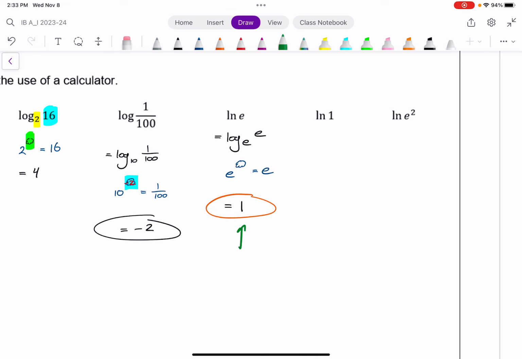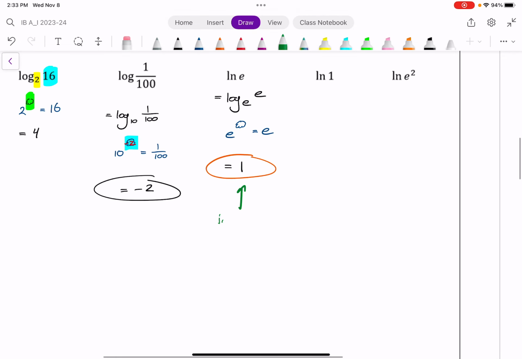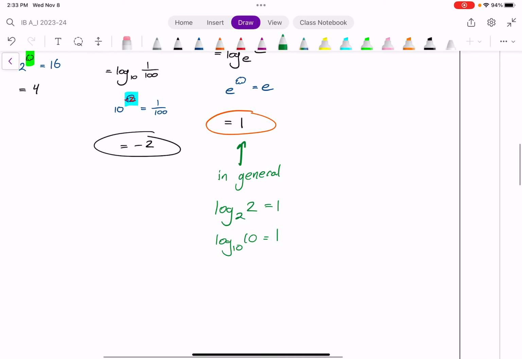So if I have log base 2 of 2, that means 2 to what power equals 2? That equals 1. If I have log base 10 of 10, that means 10 to what power equals 10? So in general, if I have log base b of b, that's always going to equal 1.